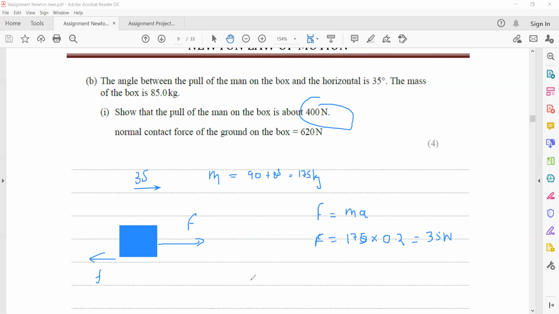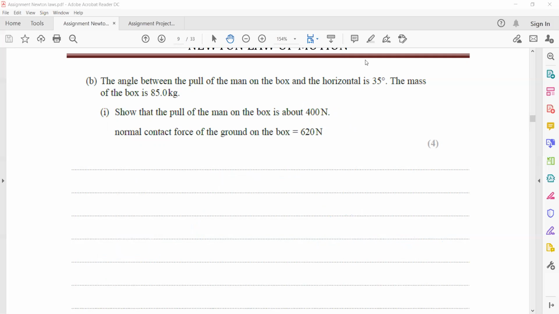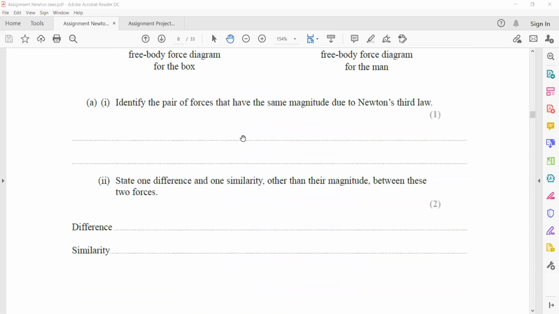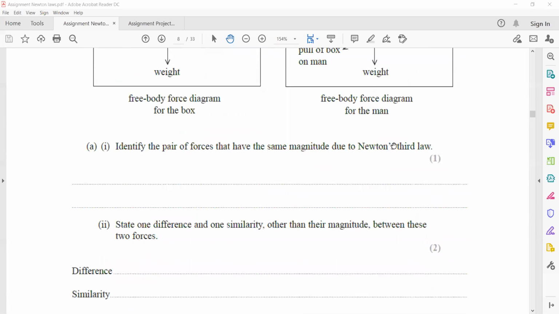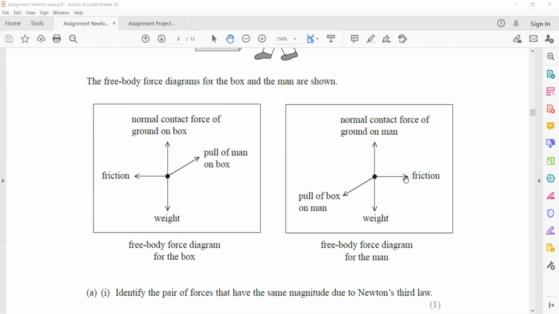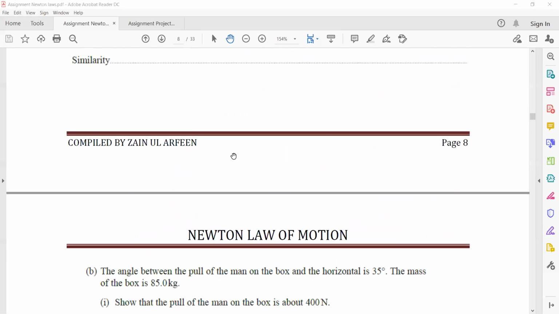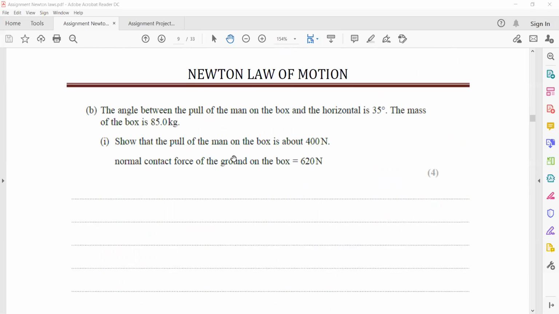The frictional force is there, and there is the pull by the man onto the box. It was making a certain angle, 35 degrees, and we show that the pull of the man on the box is about 400.